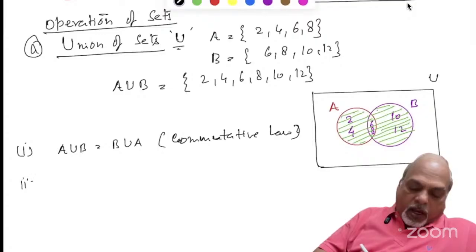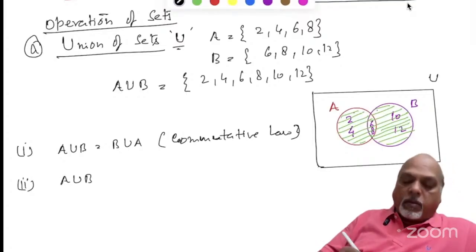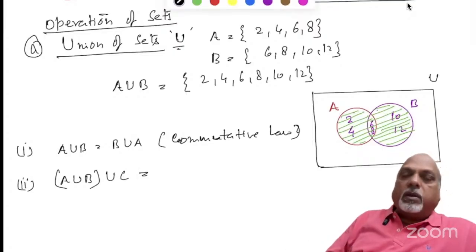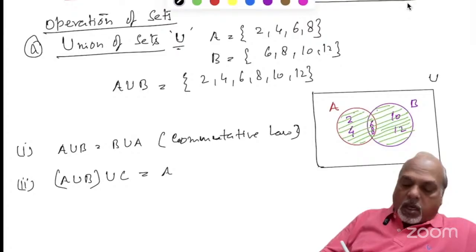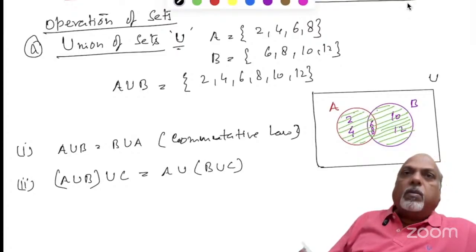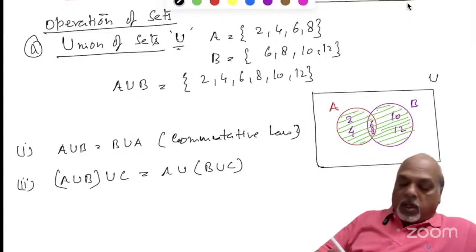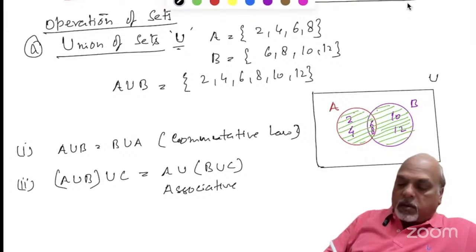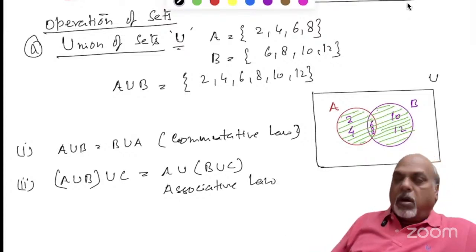Then let us see another property: A union B, and union C, that is A union B union C. This will also always be equal, and this is called the associative law.